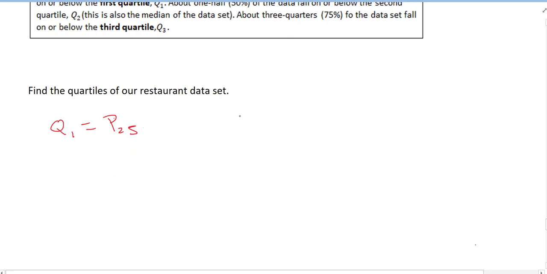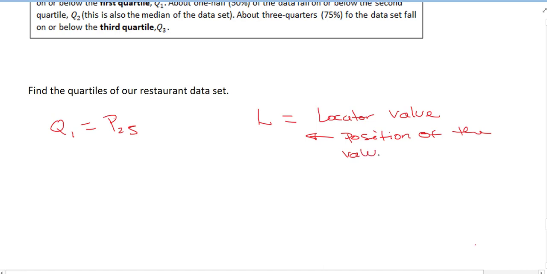So we're going to look at the formula. We're going to need a locator value. So let's let L be our locator. I call it the locator value. So what this does is it gives us the position of the value for a specific percentile.